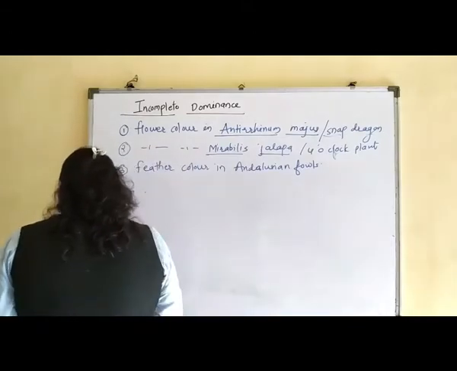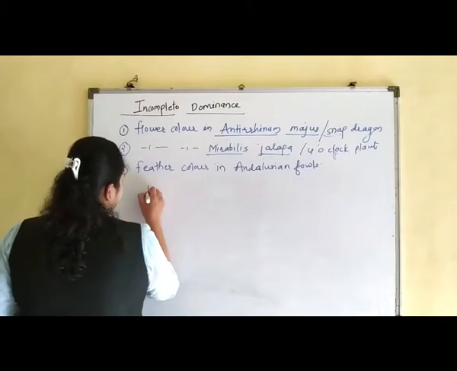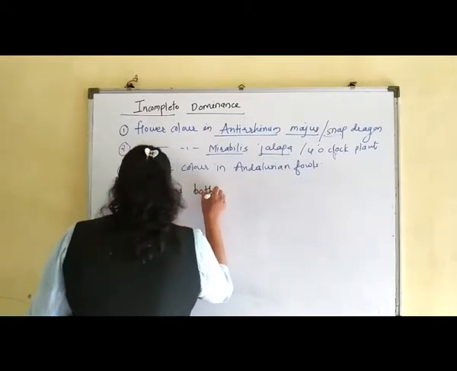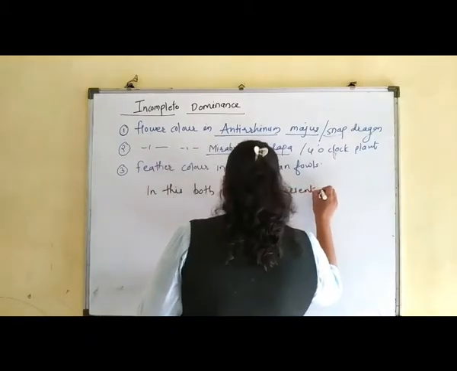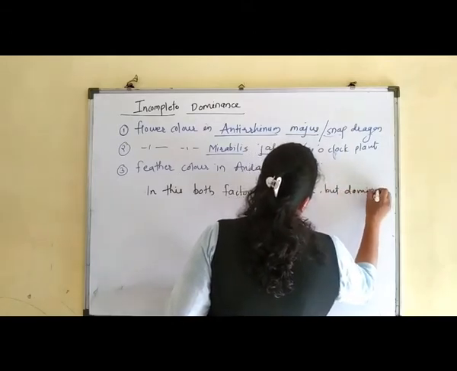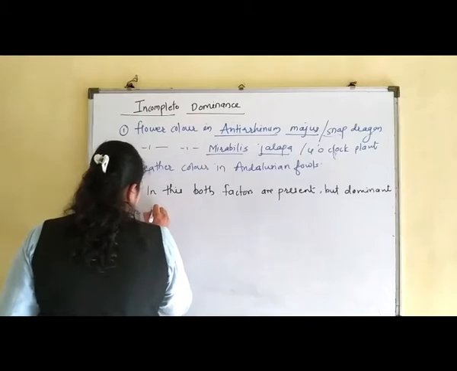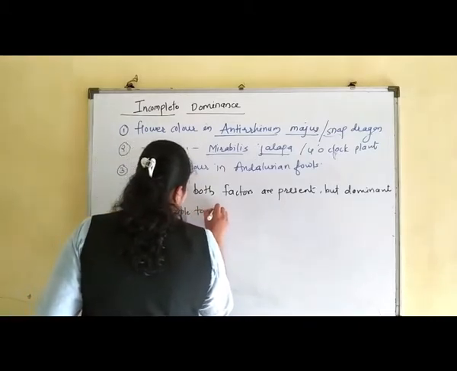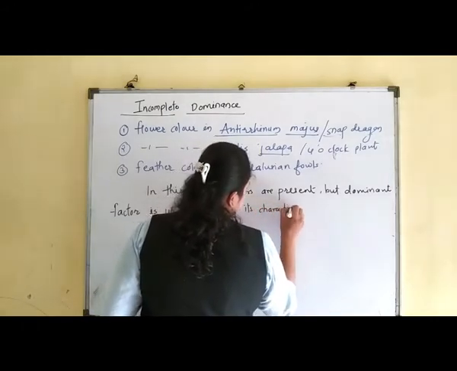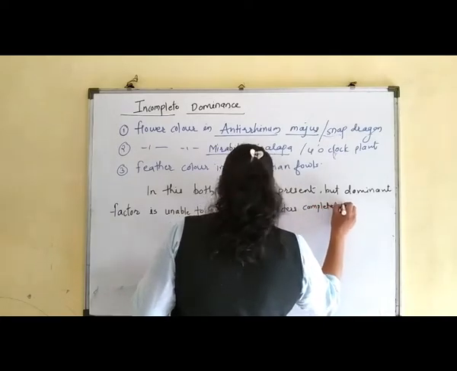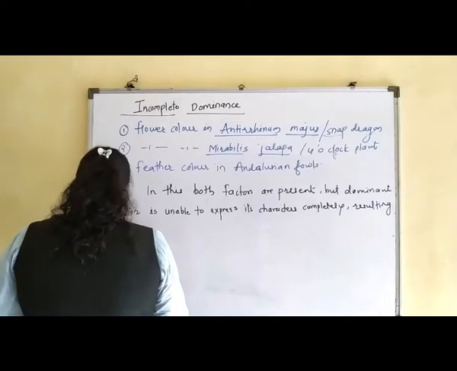And below that, you just write down: incomplete dominance is when both factors are present, but the dominant factor is unable to express its characters completely, resulting in an intermediate phenotype.